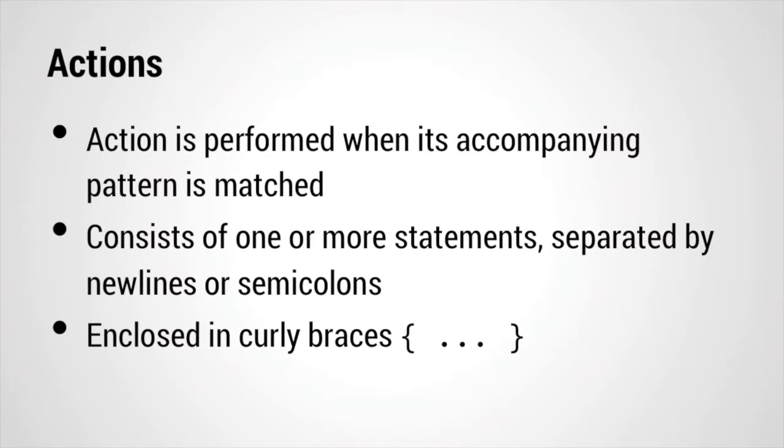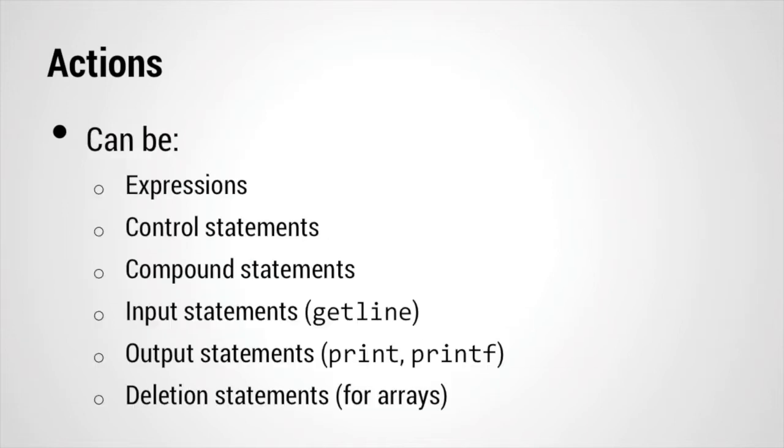And it's even slightly more similar to that than the pattern is, because an action is built from one or more statements that are separated by either newlines or semicolons and are enclosed in curly braces. So pretty similar. These action statements can be expressions, in which case this means variable assignments, function calls, things of that nature. Not the same type of expressions as in patterns, obviously.